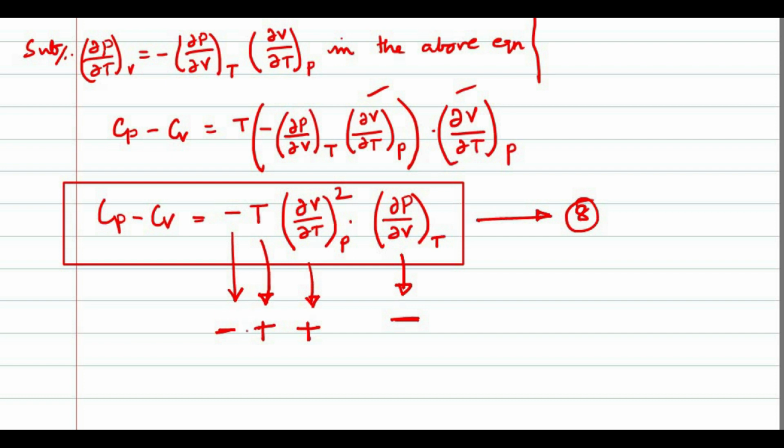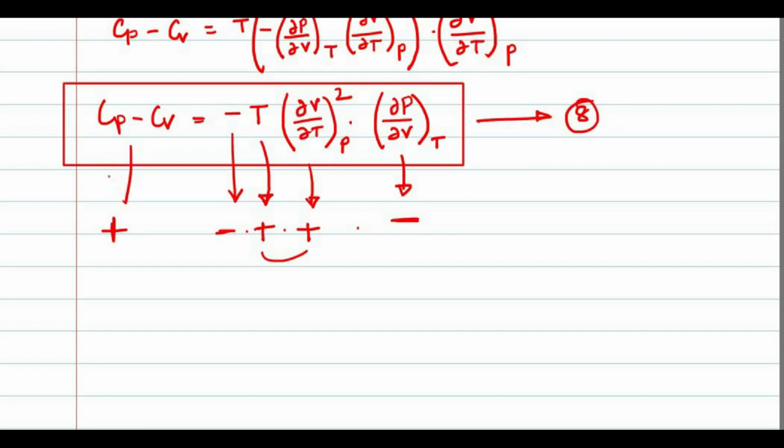If you multiply all the signs, plus into plus is plus, and minus into minus is plus, so you'll be getting the Cp minus Cv value as a positive quantity. Or I can say Cp is always greater than Cv.